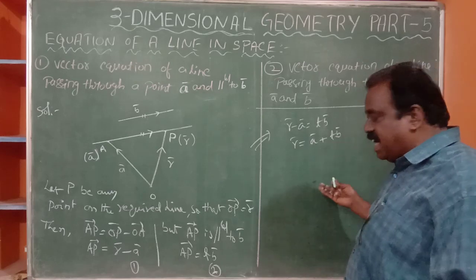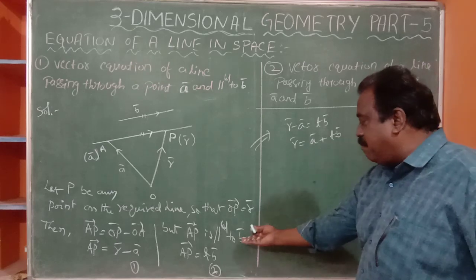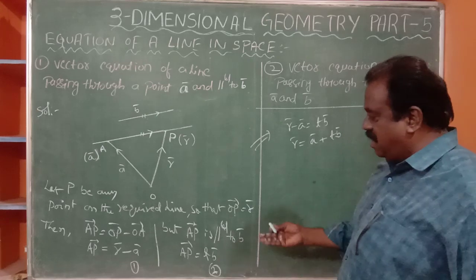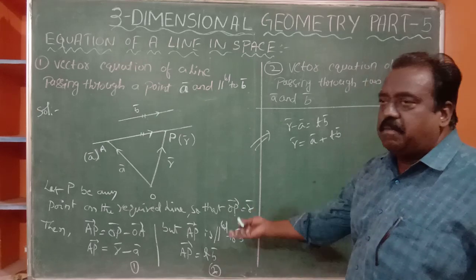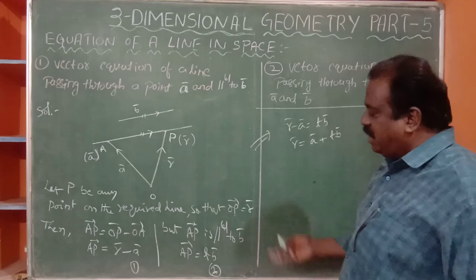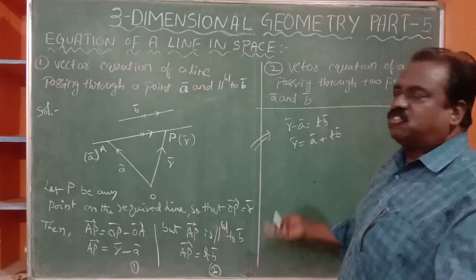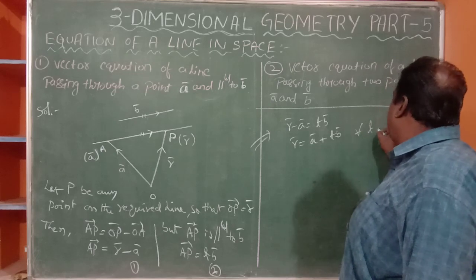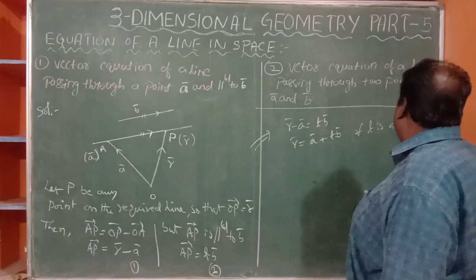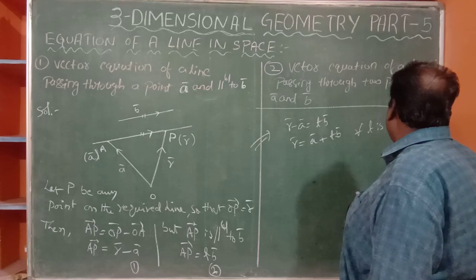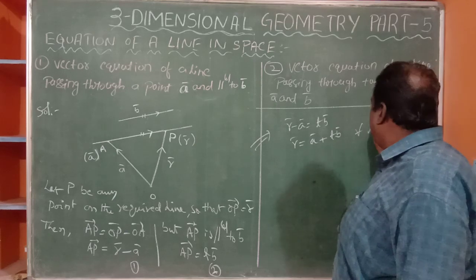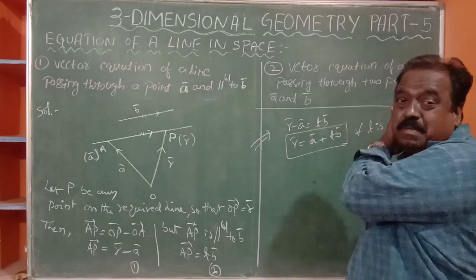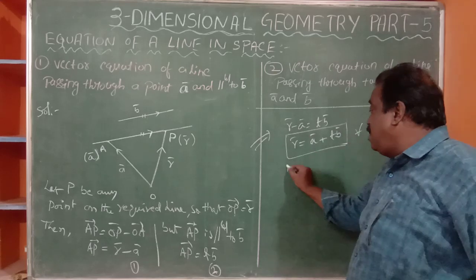It may be T or lambda also. We may take any lambda constant. In textbooks, it may be given as lambda or K. Where T is a scalar, a constant.